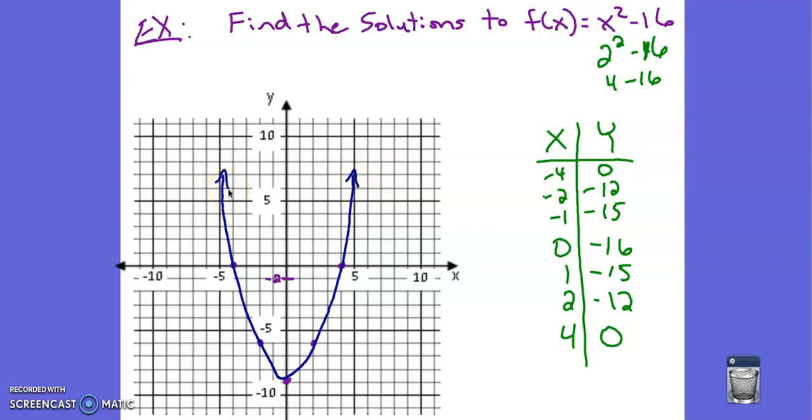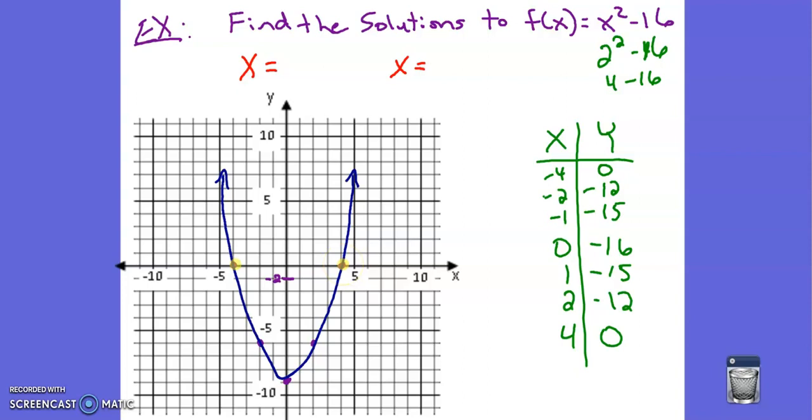So we graph it. Now, when it says find the solutions, what we're trying to find are the x values that make it true. Literally, x equals what? Remember what solutions are: it's where it hits the x-intercepts.